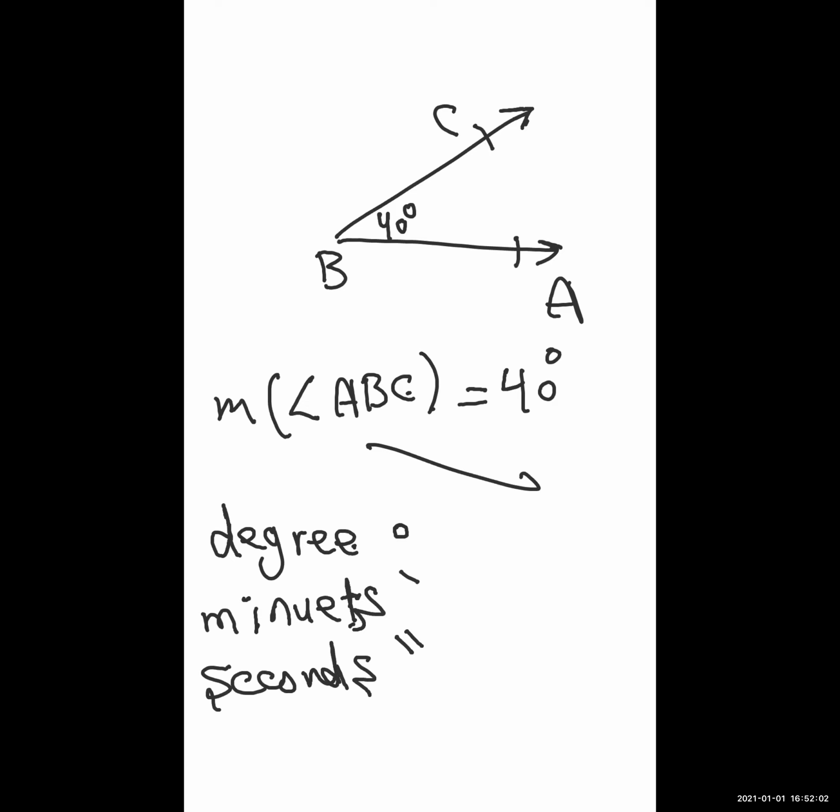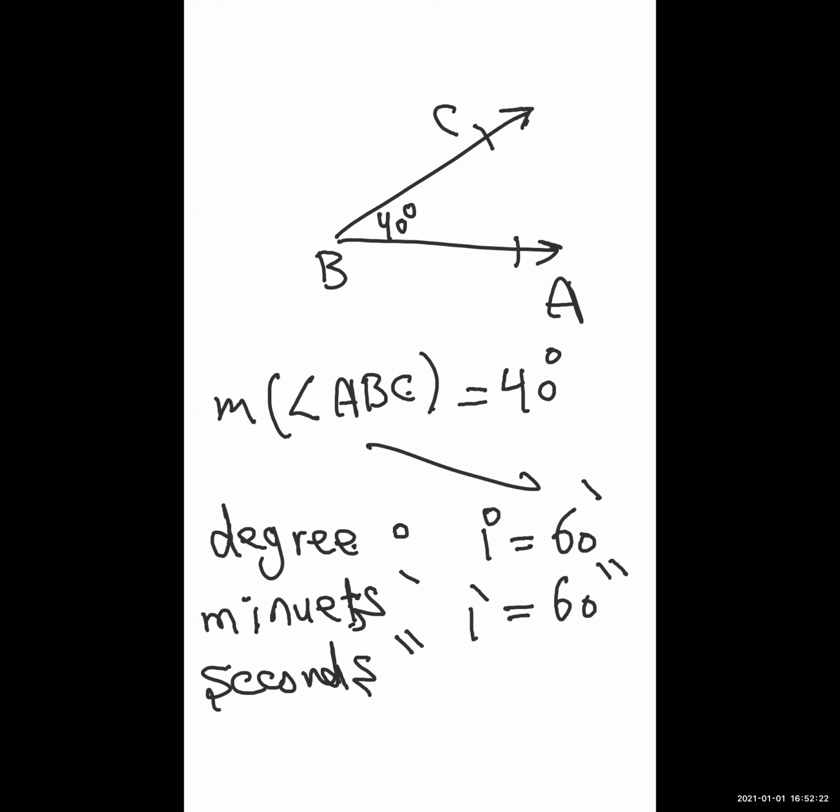What is the relation between these three measurement units? Actually, 1 degree equals 60 minutes, and 1 minute equals 60 seconds.